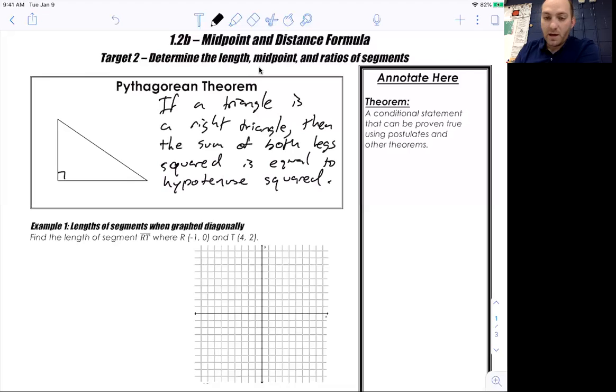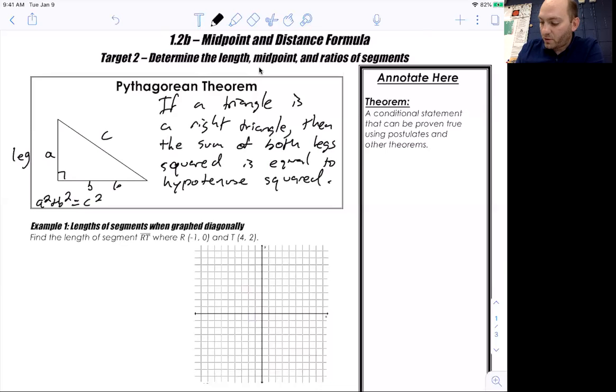I know that's a long definition. You've probably seen it this way before, where you've seen A, B, and C. Then A squared plus B squared equals C squared. This is accurate. These are what's called legs.